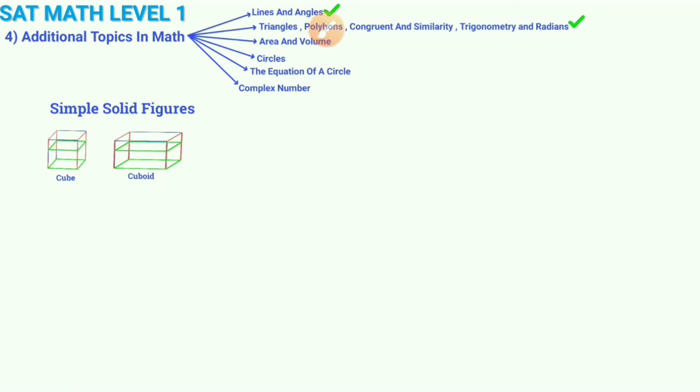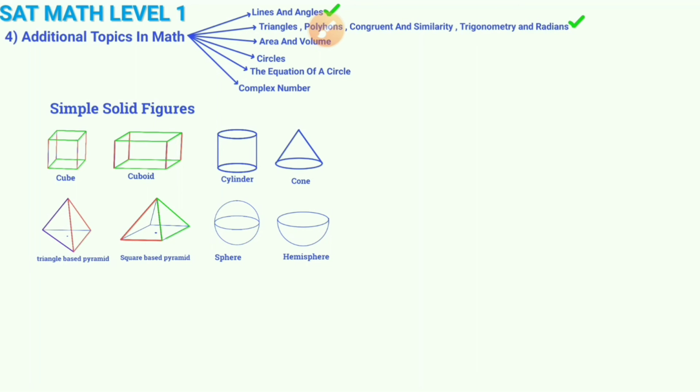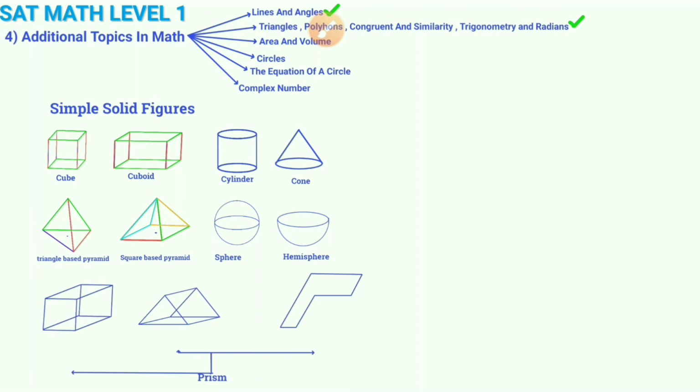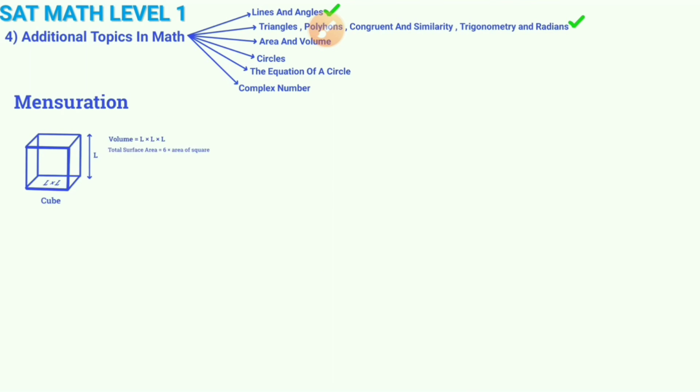Simple solid figures in 3D. Prism, a solid that has the same cross section running through it. Okay, mensuration. Now finding the volume and the total surface area.